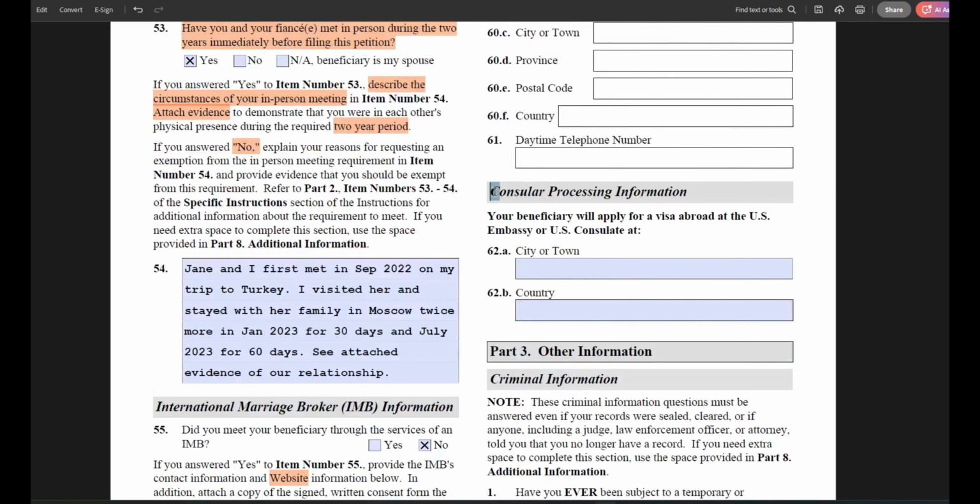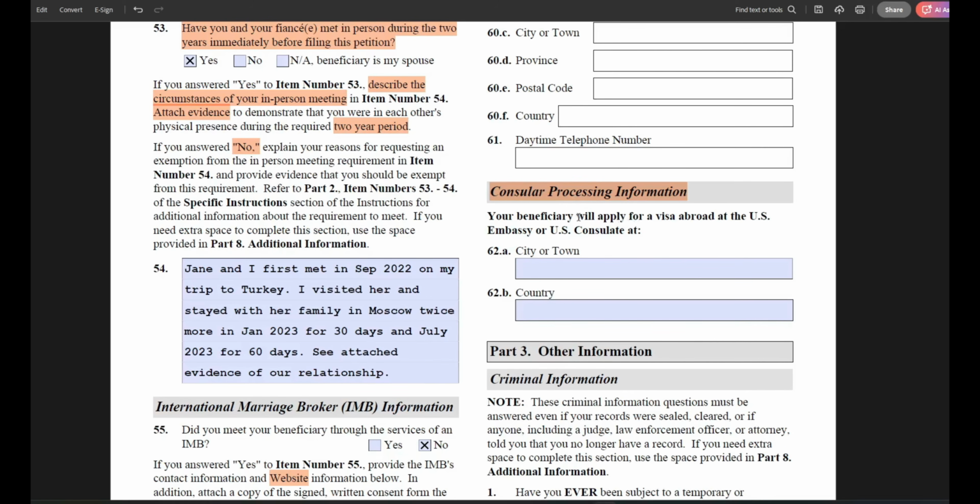Moving on, the consular processing information asks you where the beneficiary will apply for this K1 visa. So once this I-129F petition is approved, it will be sent to the NVC, and then the NVC will work with the US Embassy or consulate closest to your beneficiary to arrange their visa interview, and that is the place that will issue them their visa to travel to the US.